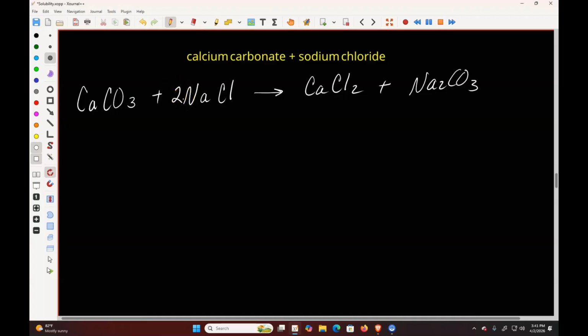Let's balance the equation. This one is insoluble, soluble, soluble, and soluble. So I'm going to put NR, no reaction.